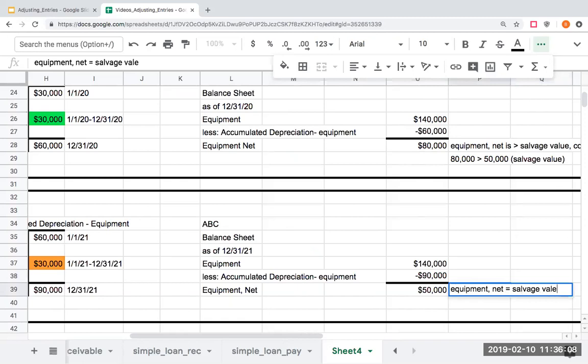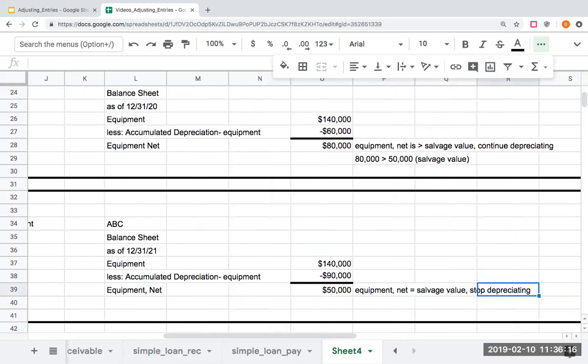So what I need to do at this point in time is to stop depreciating, because I cannot depreciate an asset beyond its salvage value, because the $50,000 equipment net is going to be the same as the $50,000 salvage value.